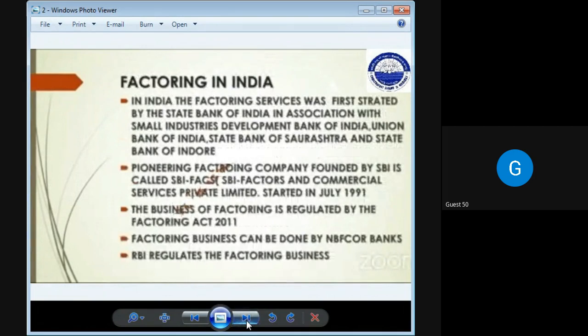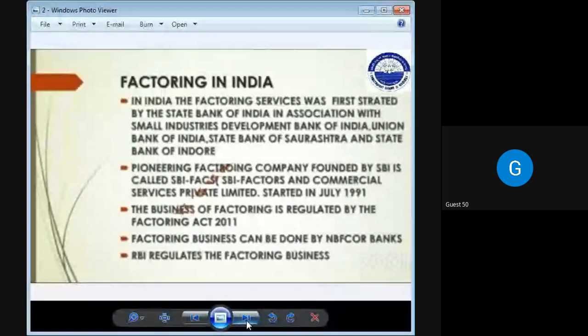So how did factoring come to India and how does factoring work in India? In India, the factoring process was first started by the State Bank of India in association with the Small Industries Development Bank of India.